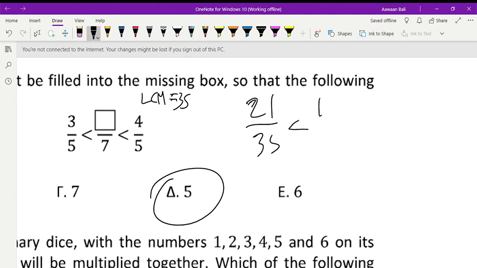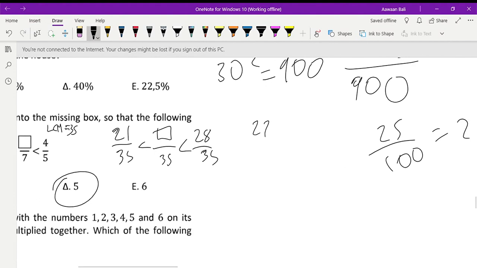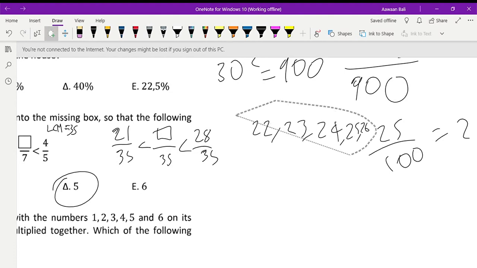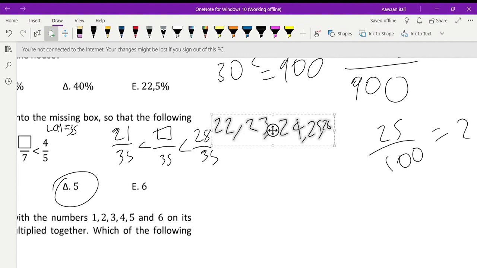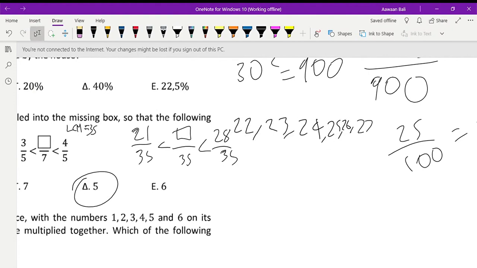And there's something bigger than this, 35, and then 5 times 7, 35, 4 times 7, 28, so 28 upon 35. Now we know the numbers between them are 22, 23, 24, 25, 26. Wait, let me just move that. 27 and 27.